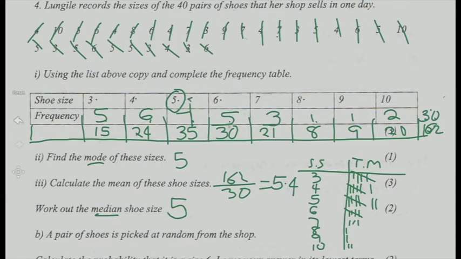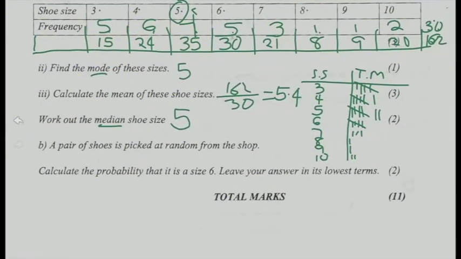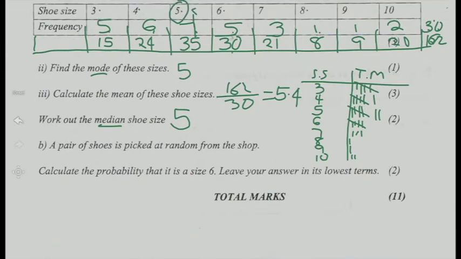Our median is 5. A pair of shoes is picked at random from the shop. Calculate the probability that it is a size 6.